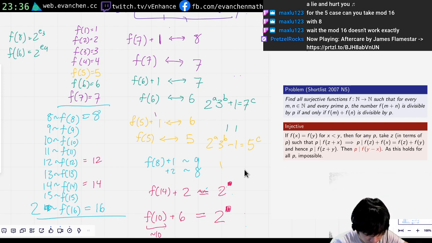Sad. Can I push this? I really want to push this.